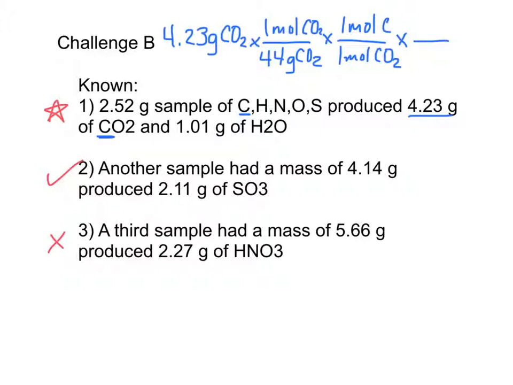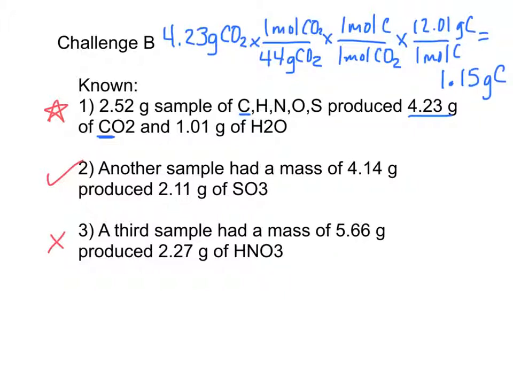Because we're going to do this differently, we're going to find our percentage of carbon first. So we need to go to grams to figure out what percent of 2.52 grams is carbon. Again, what percent of 2.52 grams is carbon? So we do all of that math, and I get somewhere around 1.15 grams of carbon.